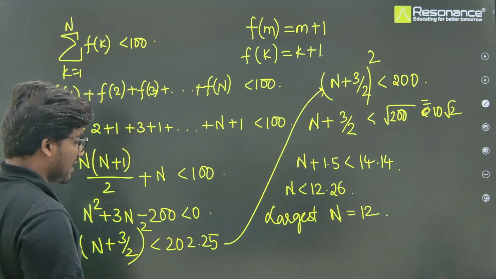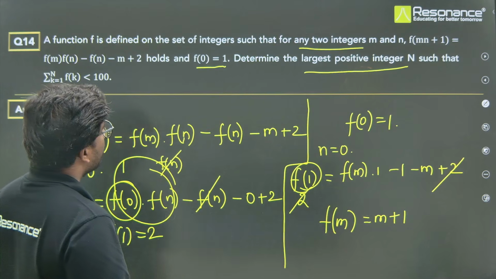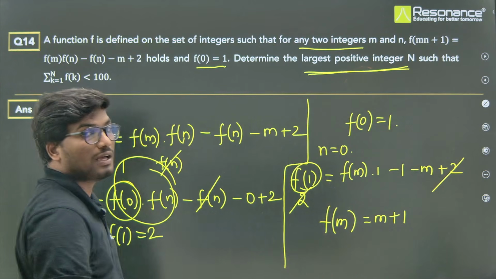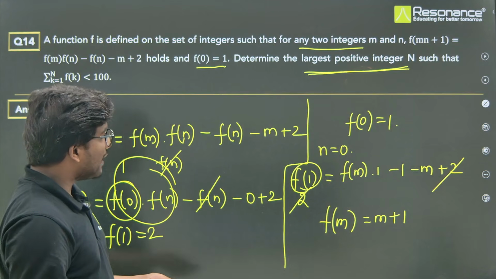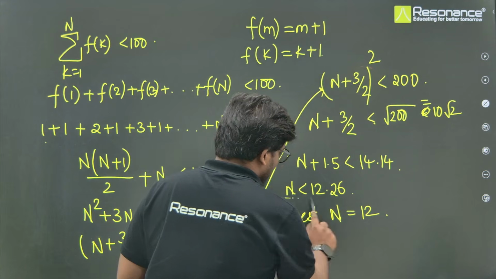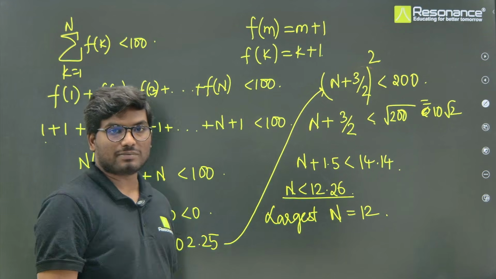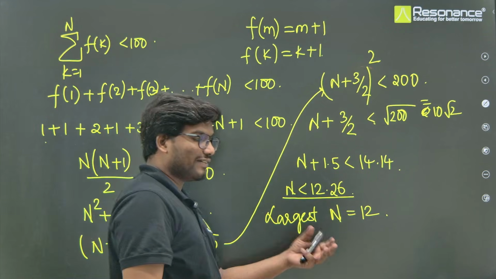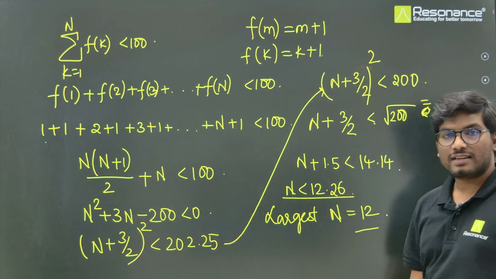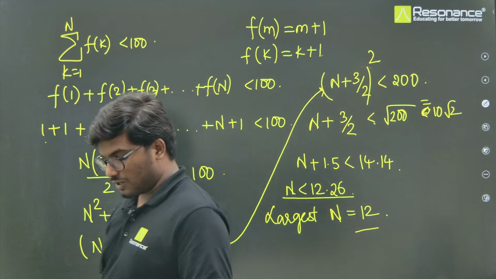What did the question say? Determine the largest positive integer n such that this holds good. For that to hold good, this inequality has to hold good, right? So since this inequality had to hold good, n just became less than 12 point something. So the largest positive integral value of n came around 12, right? So yeah, this is about the question.